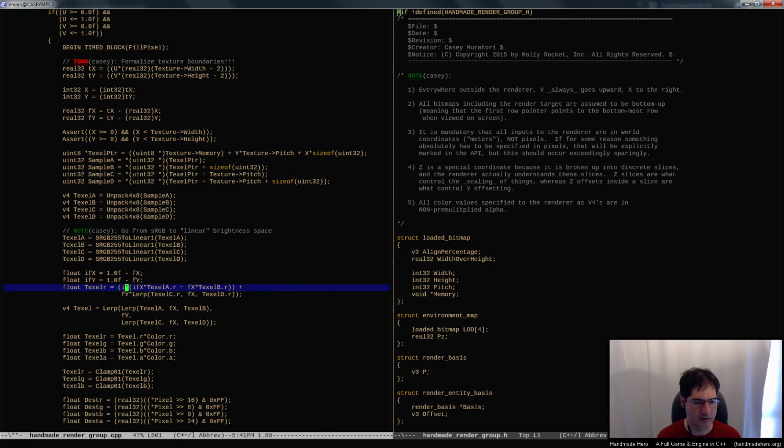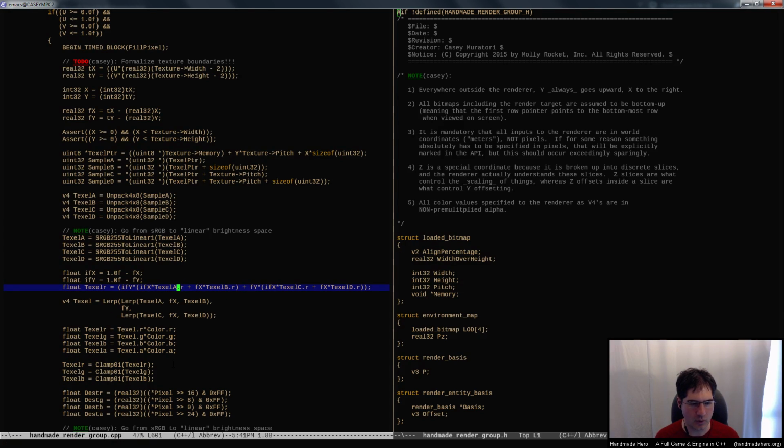So it's just ify times this expression, and fy times this expression, fx texel D. And at the end, it turns out to not be quite so nasty when we actually multiply it out. Furthermore, if we wanted to, we could pre-compute these blend terms more explicitly.